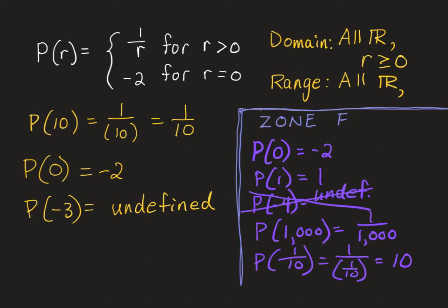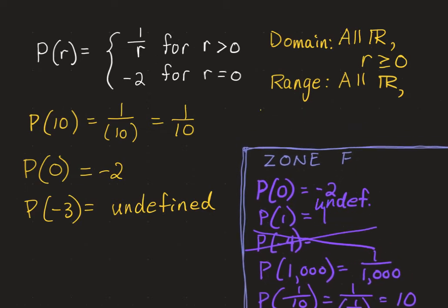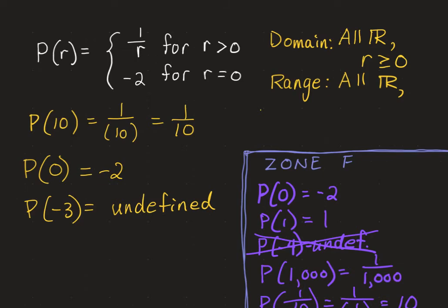Well, this is a piecewise function, and often when that happens, the range will be in pieces, as it is here, because we have this one piece where p of r equals -2, if r equals 0, or p of r is greater than 0.